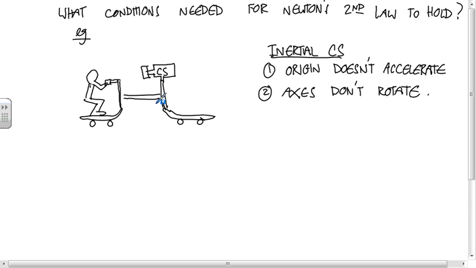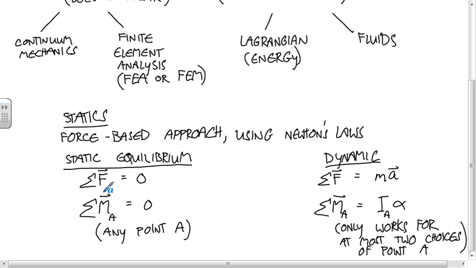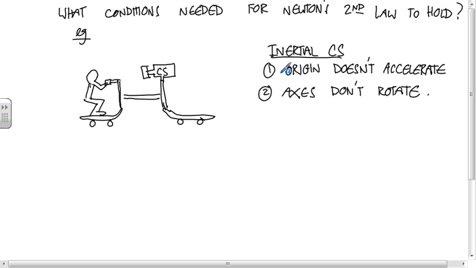So anyways, that took a long time, but the basic idea is this stuff does not work if your coordinate system is non-inertial. It only works if the origin is non-accelerating and the axes are not rotating. This is required for Newton's laws to hold.